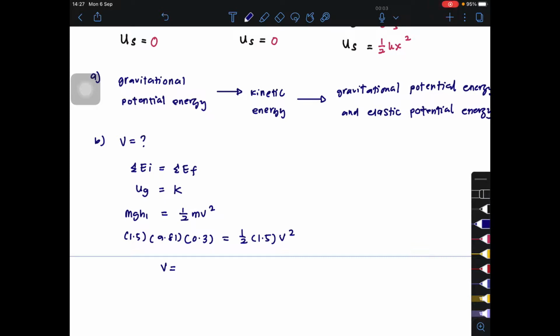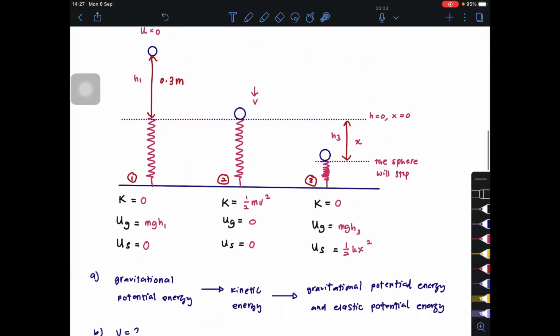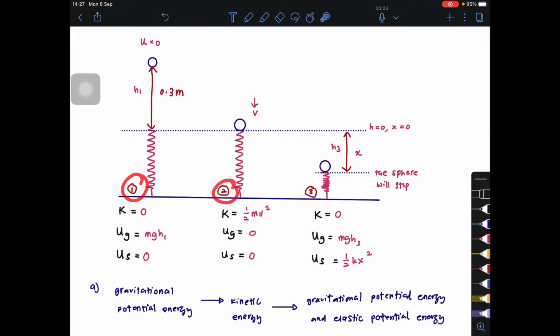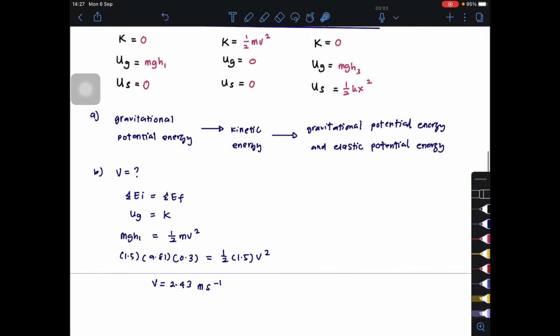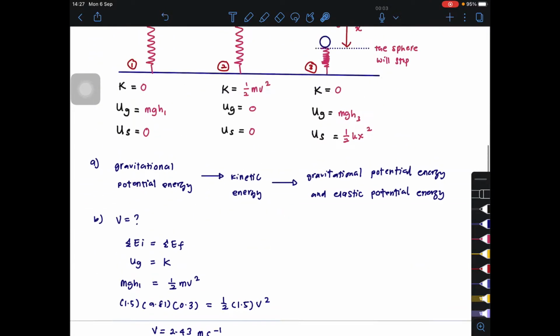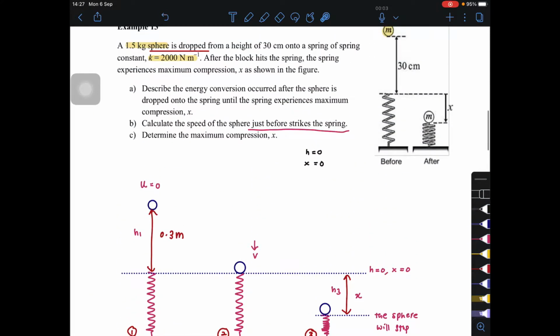So the speed will be equal to 2.43 meter per second. Okay, so this one kita pilih initial, this one adalah final. So that's question B.